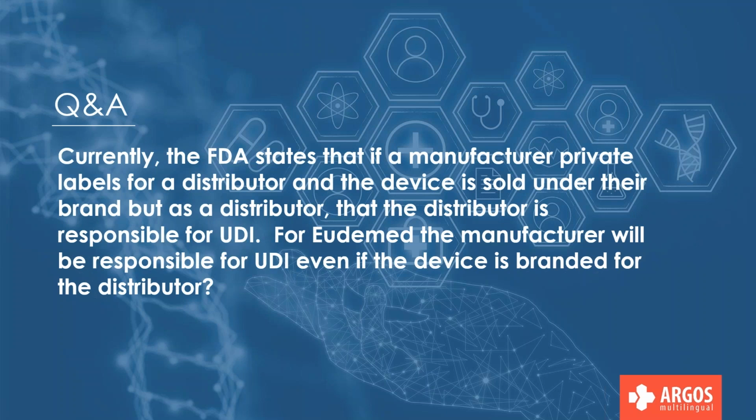It's their product and I'm just distributing it. But if I am taking that product and saying, okay, now I'm going to sell this as a Qualitas product, this is my product, and then I'm going to assign my own part number to it, and I'm going to market it as a Qualitas, then I'm the manufacturer, and I have to have that UDI.